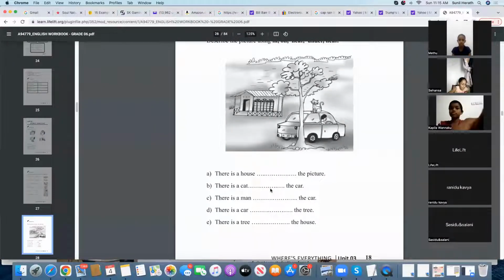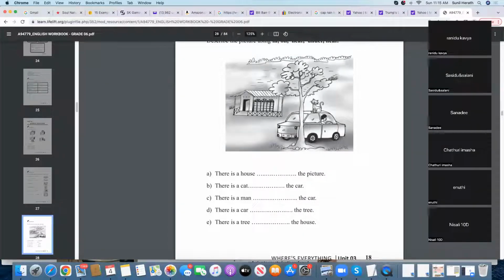There is a cat on the car. Yes, thank you. What is C? I'll ask Sasidu. Sorry if I mispronounce your name. Is that how you say it? Sasidu. There is a man in the car. Okay, thank you. Yes, that is true.